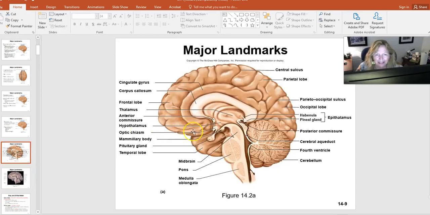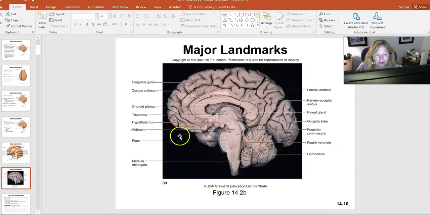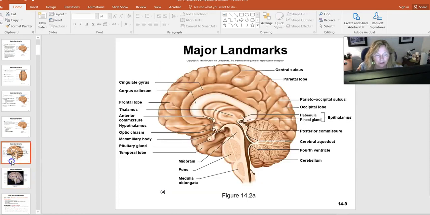Now I'm going to go back to the illustration because it's maybe easier to make out, and I'm going to start talking about some of the functions of the frontal, parietal, occipital, and temporal lobes. For the temporal lobe of this right hemisphere, you can only see the medial aspect.